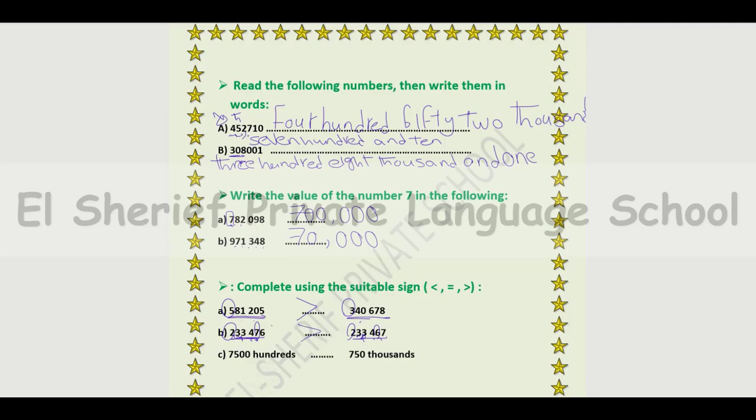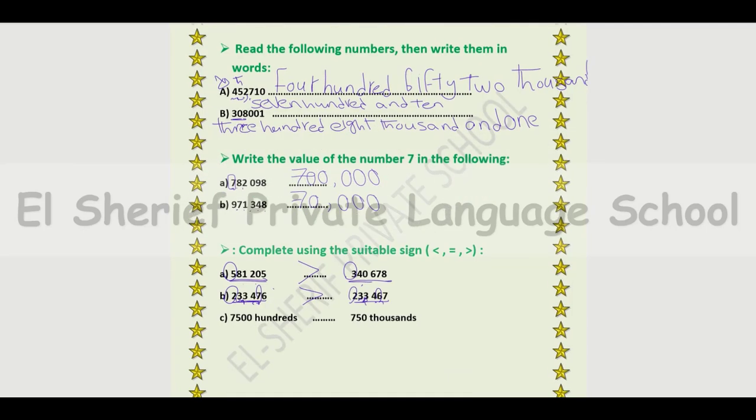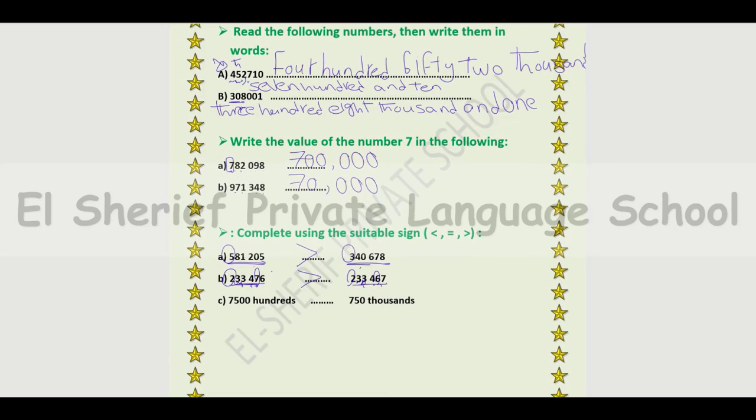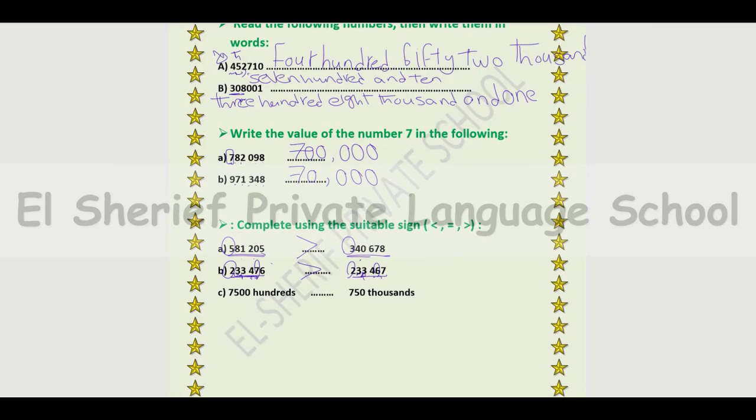So letter C, here we have a number in digit and letter. We can write it in digit at first. We have 7,500. Write 7,500 and 7,500 hundreds. Not ignore this letter.